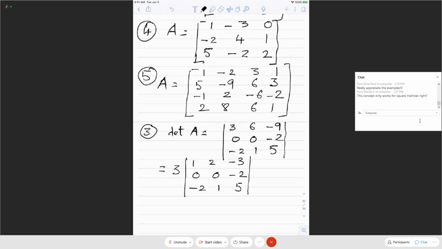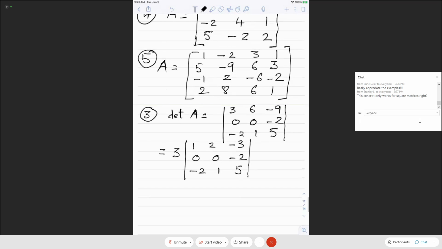Don't disturb the second row. I want to make this guy 0, so multiply the first row by 2 and add it to the third row. 2 times 2, 4 plus 1, 5. Minus 3, 6, 2 times minus 3, minus 6 plus 5.